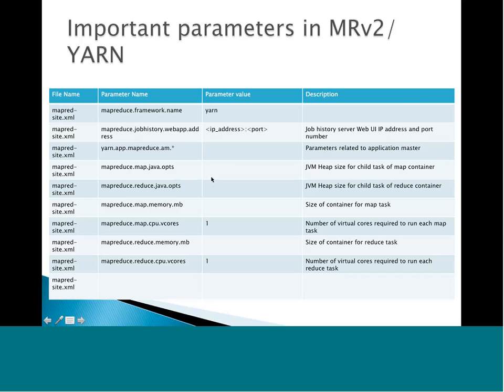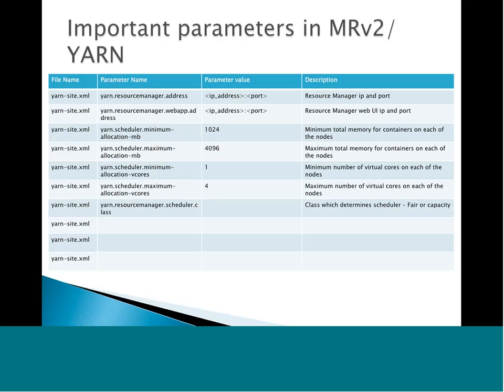That much memory will be granted for the map task itself, and the remaining memory will be taken for the overhead. Similarly, mapreduce.reduce.memory.mb and mapreduce.reduce.java.opts are related. So within the container, this JVM will be forked.